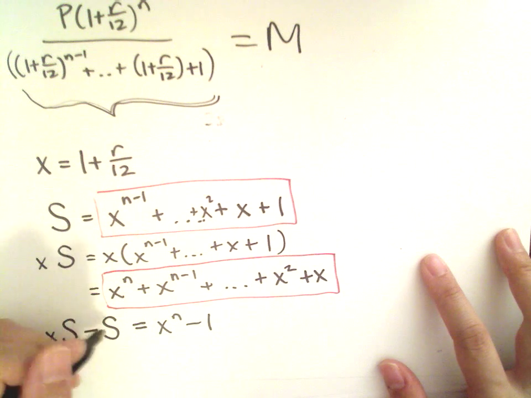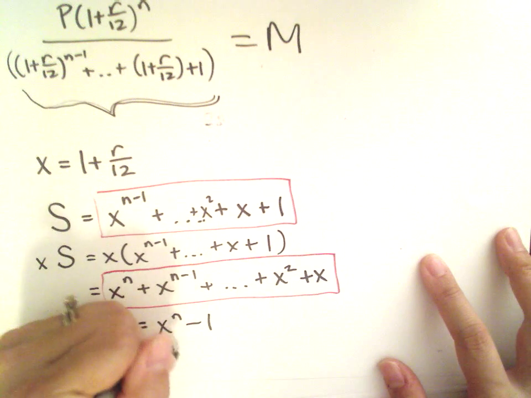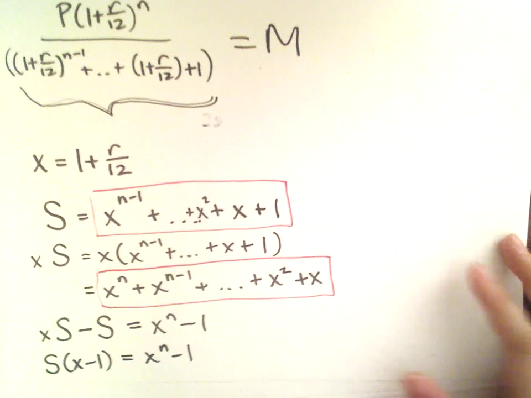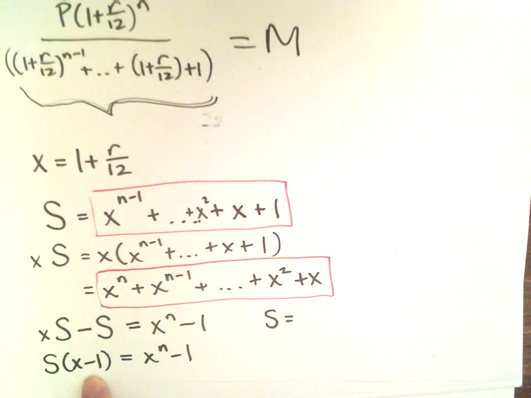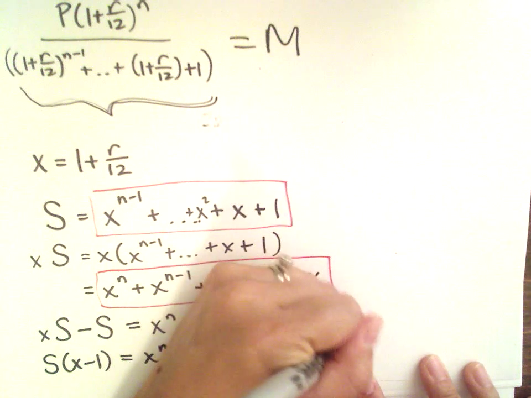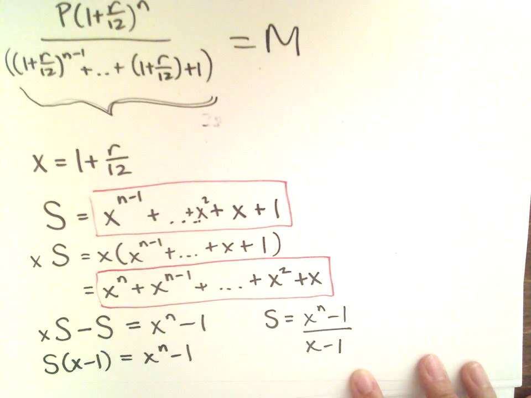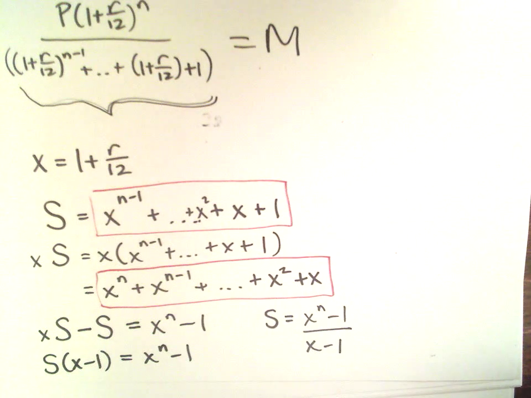So notice s is in both places, so we can factor it out. Like that. And now we can solve for s. And so by dividing by x minus 1, we get x to the n minus 1 over x minus 1. And that is a really simple form for this complicated summation up here.